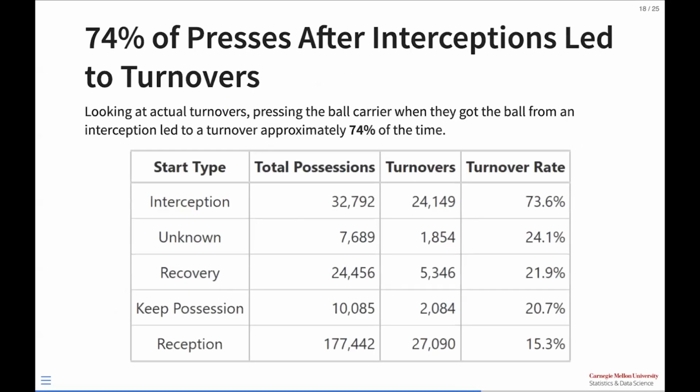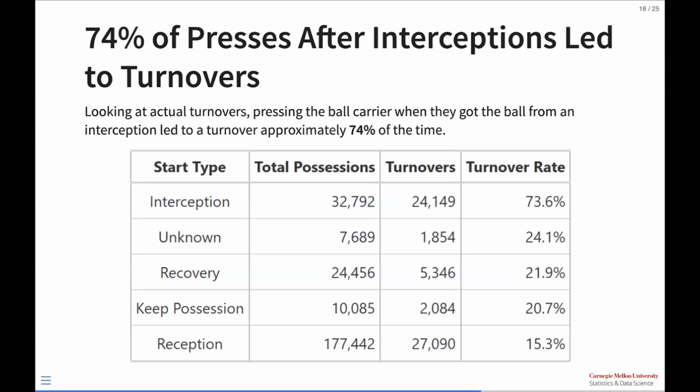And when we looked at the actual turnover rates, we can see that the turnover rate for when the ball carrier receives the ball from an interception is about 74%. And this varies more than the other ones: recovery, keeps possession, and receptions are about 15% at the least.